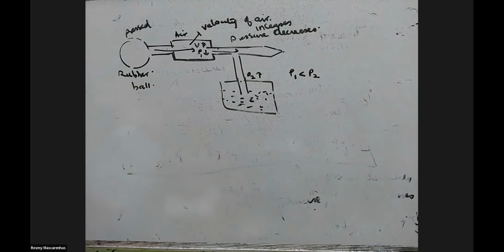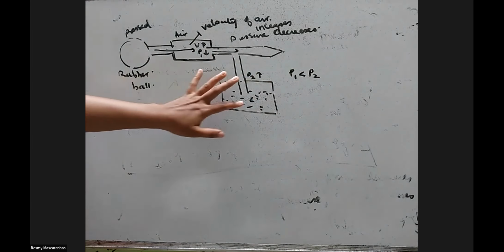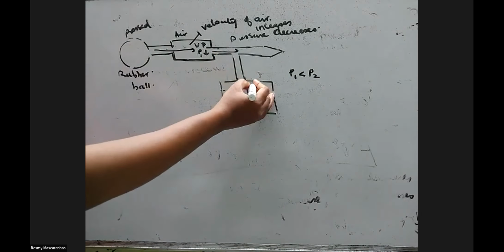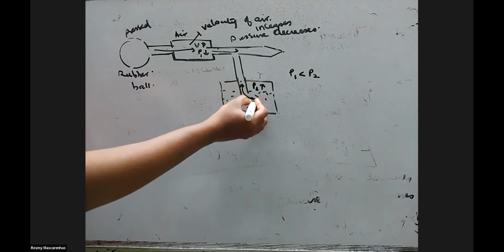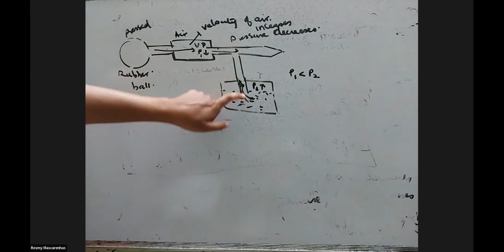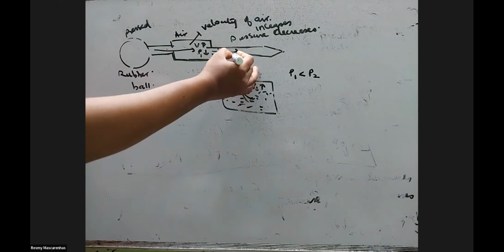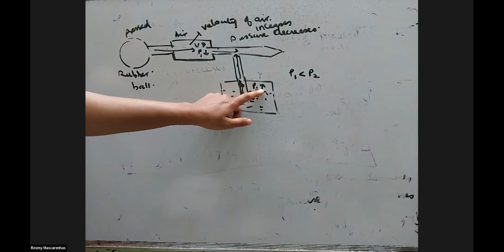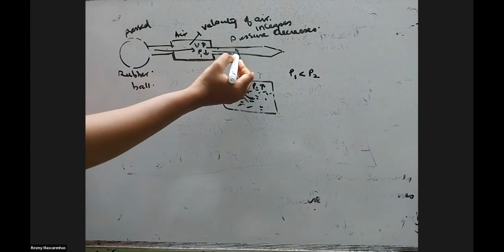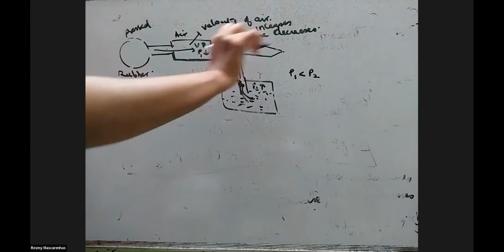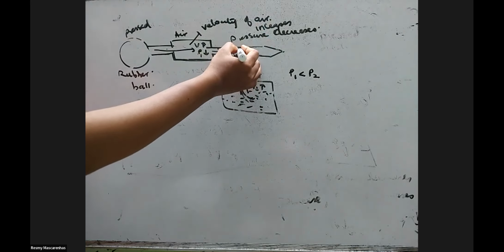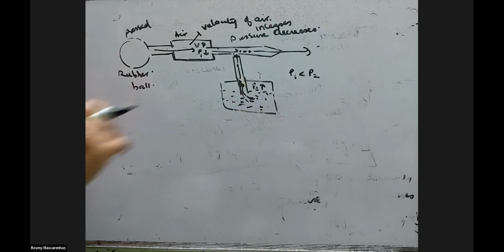As per Bernoulli's theorem, everything has to be maintained. So the pressure increases in this box and starts pushing this liquid upwards. It will mix with the air, and the speed of the air is going to take the liquid droplets along with it and spray out.